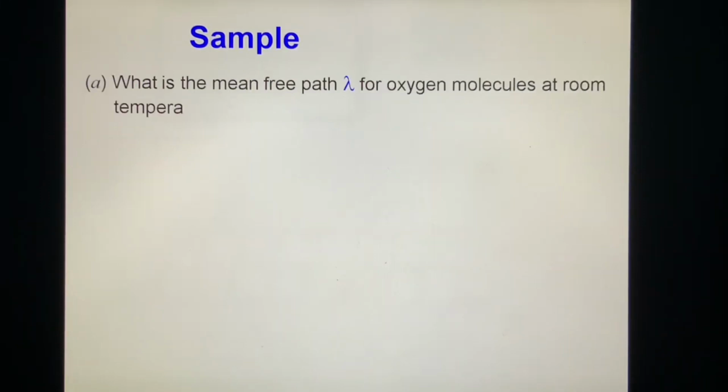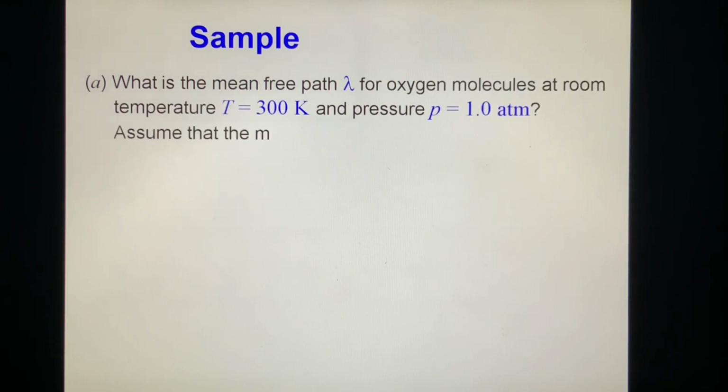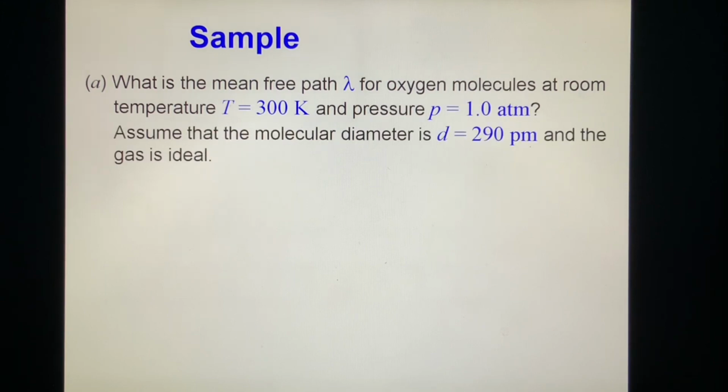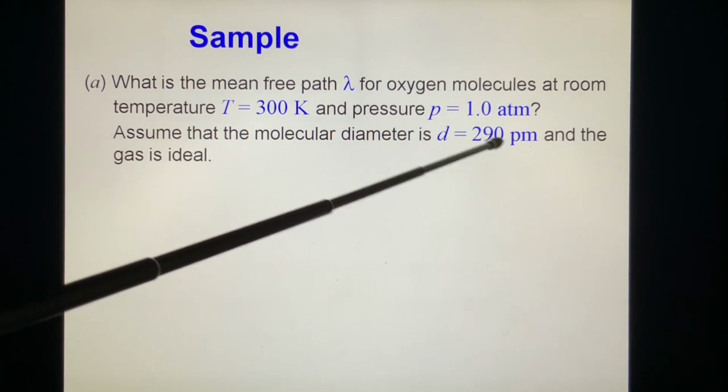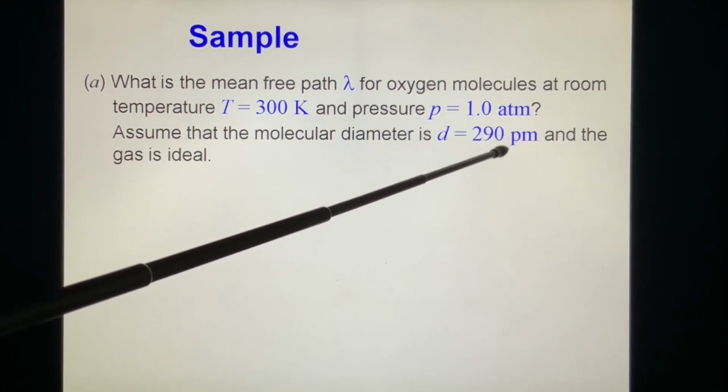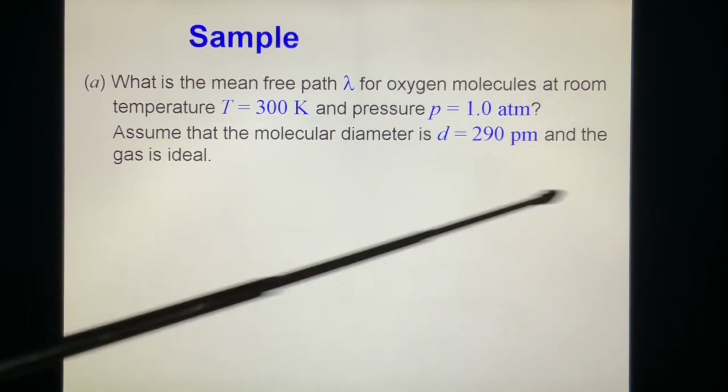Sample. What is the mean free path lambda for an oxygen molecule at room temperature T of 300 Kelvin and pressure P of 1.0 atmosphere, assuming that the molecular diameter d equals 290 picometer? Picometer is 10 to the minus 12, and the gas is ideal.